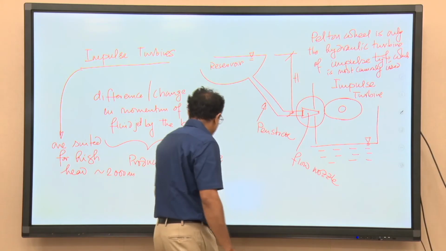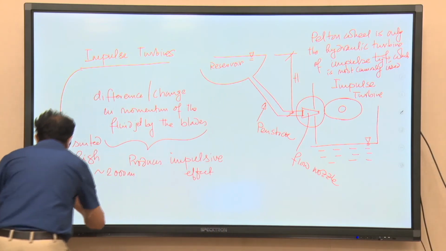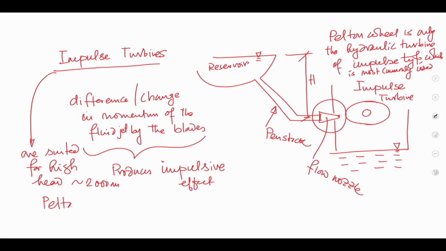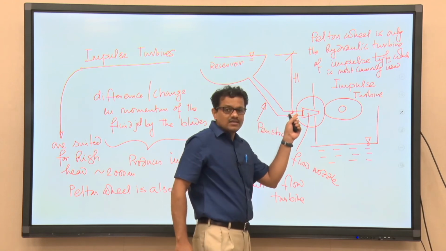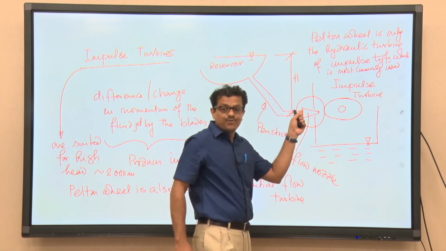Why? Let me tell you, this Pelton wheel is also known as a tangential flow turbine. Try to understand, in this impulse turbine water is admitted in the form of a jet.